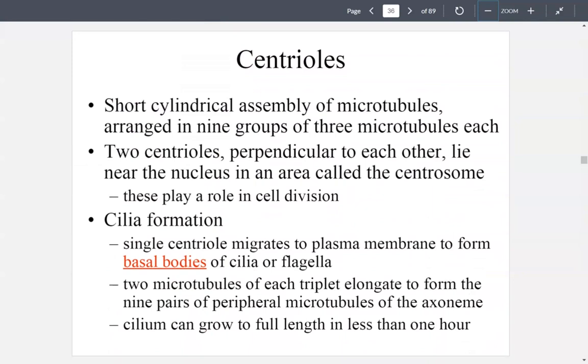So it's starting to divide and split. If we are involved in cilia formation, a centriole is going to migrate to the plasma membrane. 2 microtubules will elongate to form the microtubules that will create the cilia. This will develop in usually less than an hour.